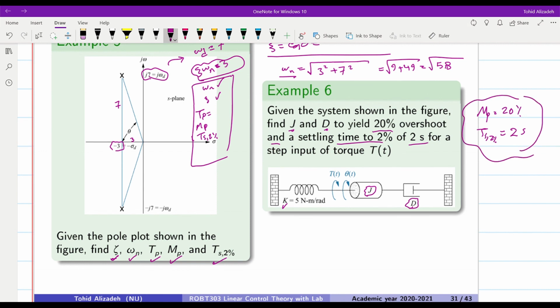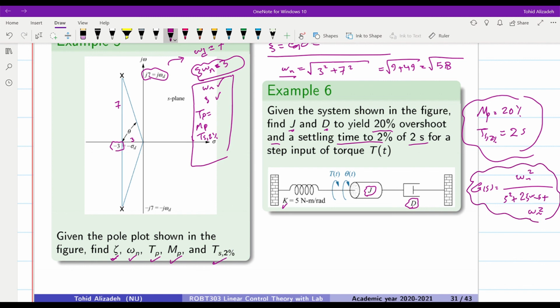So what we need to do is to determine, first of all, the second order system's expression, so omega n squared over s squared plus 2 zeta omega n s plus omega n squared.